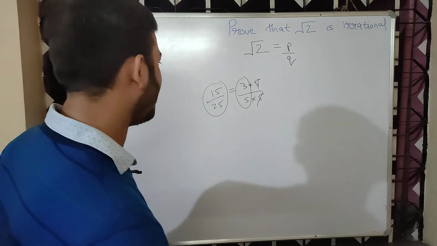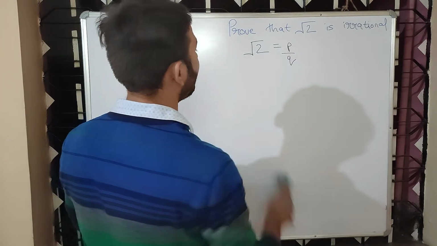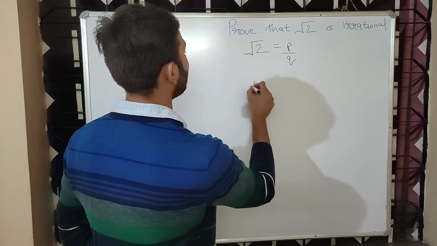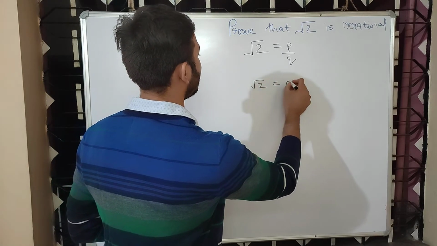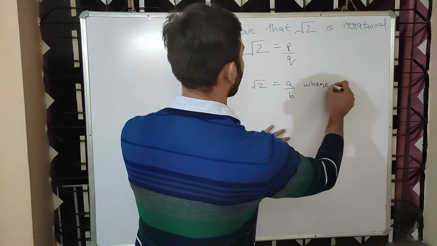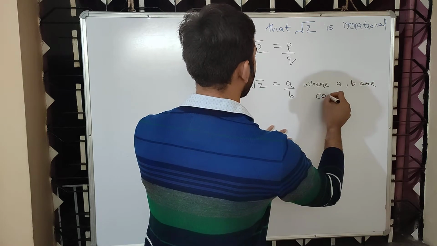In the same way, I can write root 2 equal to p by q, and cancelling out common factors, I can write root 2 as a by b, where a and b are co-prime.